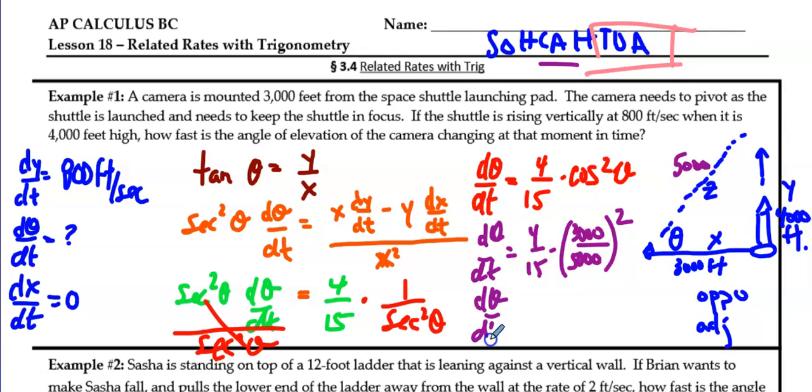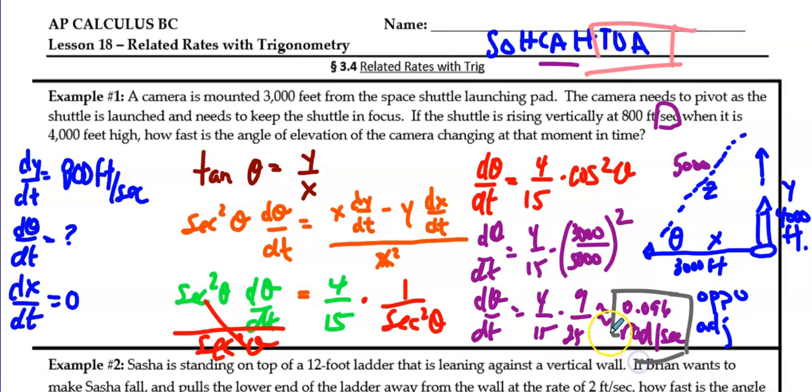So the change in theta with respect to time is equal to 4/15 times 3 squared, which is 9, over 5 squared, which is 25, and we get that this is approximately equal to 0.096. Our units are radians, since theta is always in radians, and our unit of time is seconds. All right, so that's the answer to this problem.